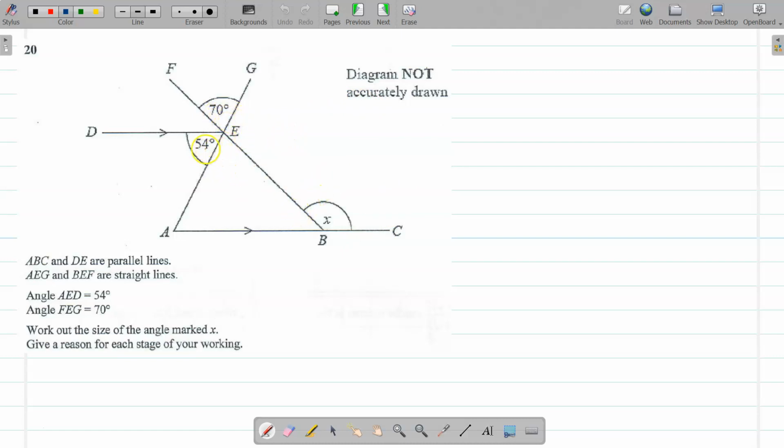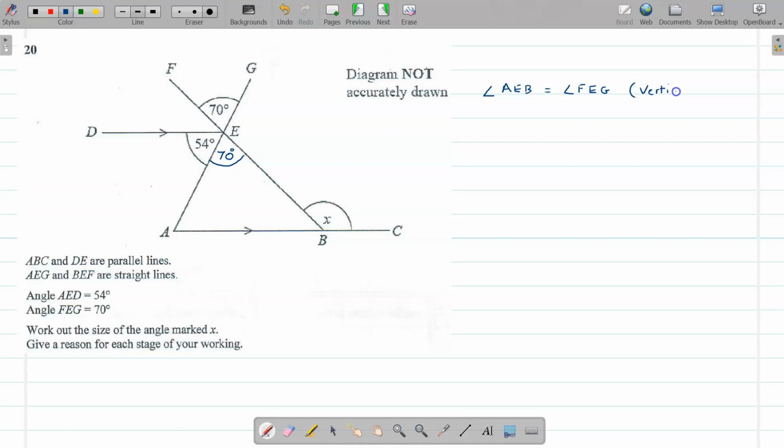So what I'm going to do here, I'm going to write 70 degrees, and that's because it's vertically opposite. So I'm going to say that angle AEB is equal to angle FEG, and the reason for that is they are vertically opposite.